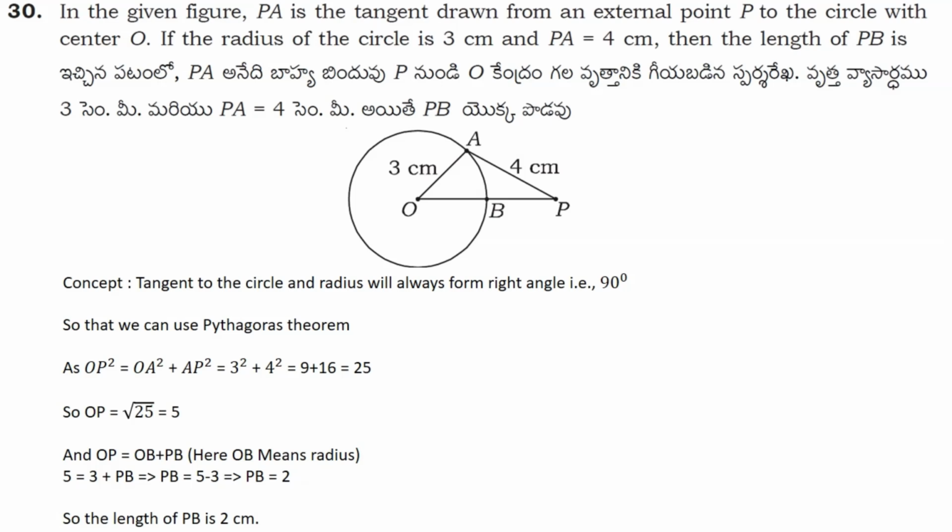As per Pythagoras theorem, OP square equal to OA square plus AP square. By substituting values, you are getting OP value as root 25, means 5, and OP means OB plus PB. Here again OB is the radius of the circle. So by substituting the value of OB here, we can get the value of PB as 2, means the length of PB is 2 centimeters.